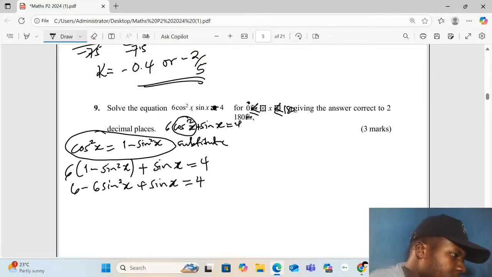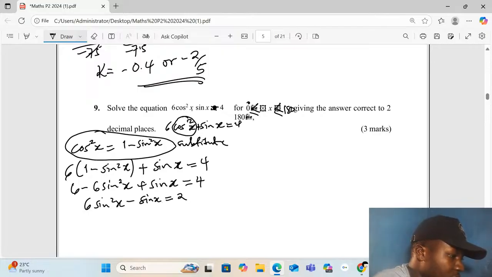So let's move this one to the other side. So we have 6 minus 4. 4 will come to the other side. So we have 6 sin squared x. Then this one, addition, now changes to minus sin x, which will be equal to 2.